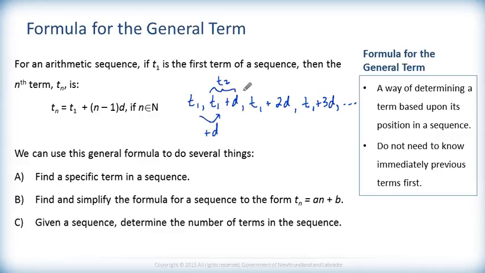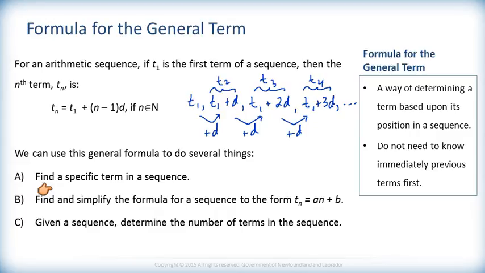To get to term 3, we have to add yet another constant difference on. And to get term 4, we add yet another constant difference on. So you'll notice that the coefficient of the d is always 1 less than the term position we're at. That gives us the basis for this formula.